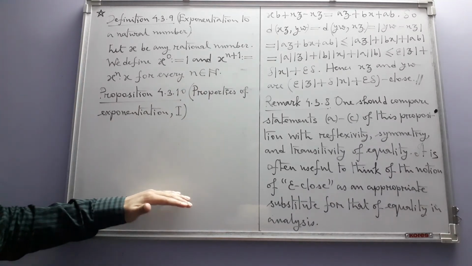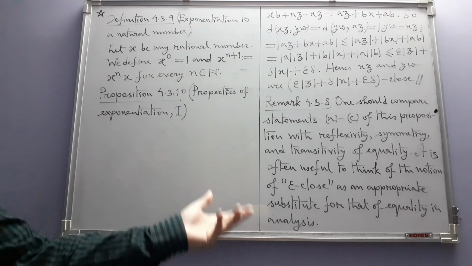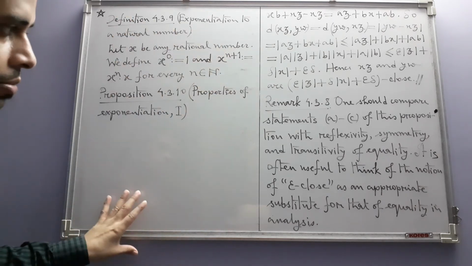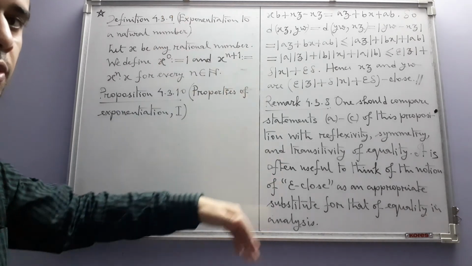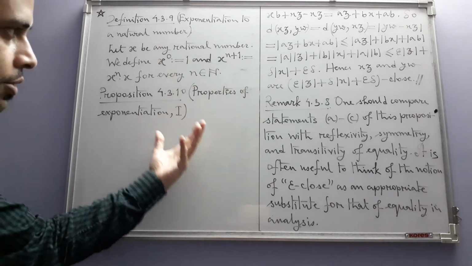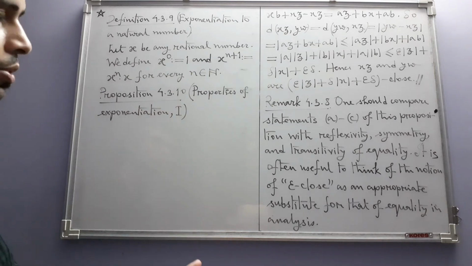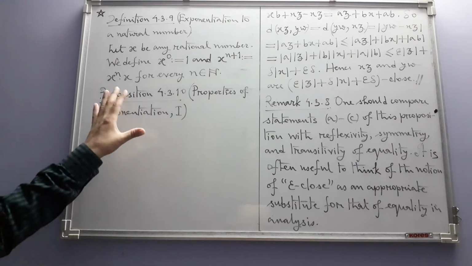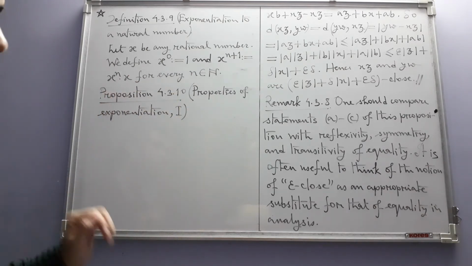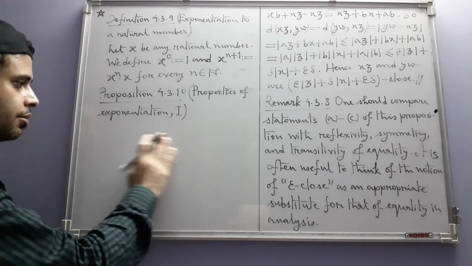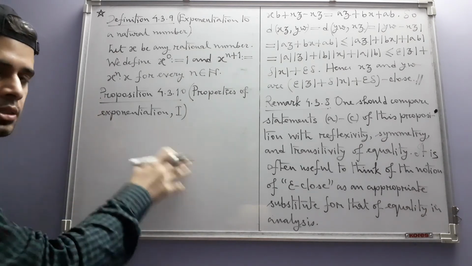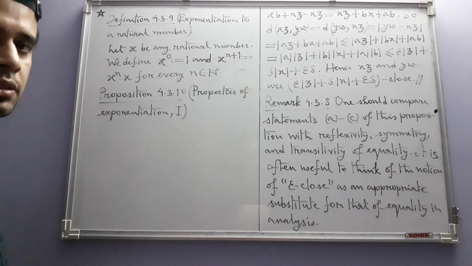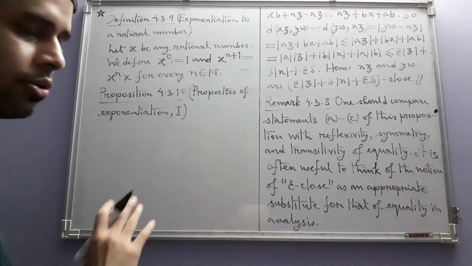After looking at these properties, we will then extend the definition to include integer exponents. So that will be an extension of this definition, and then for that extended definition we are going to look at similar properties. So that will be properties of exponentiation 2, which essentially will supersede these statements. But while we will prove these things, we first of all prove this, and then we will prove the general one, of which this will only be a part.